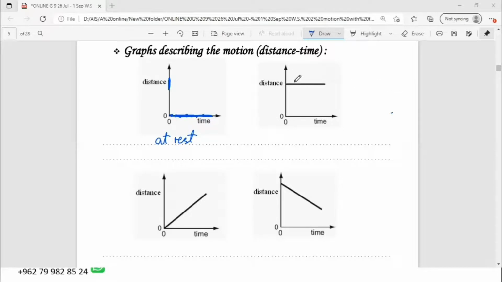Who can tell me about this graph, a horizontal line? During that time the distance doesn't change, so it's also at rest. Not constant speed.